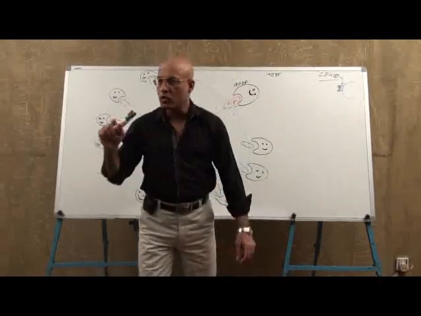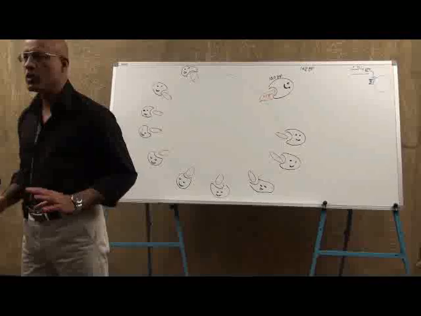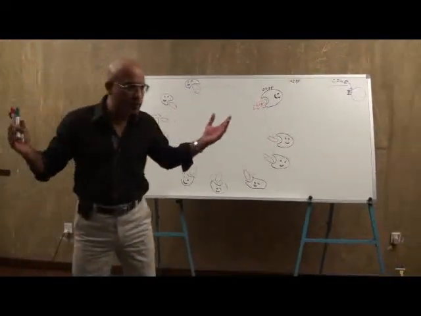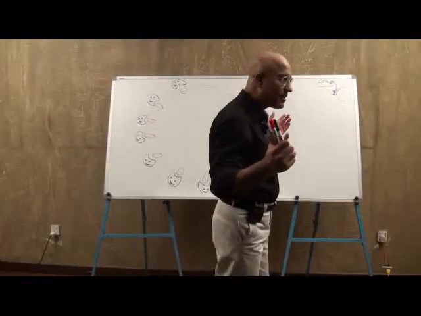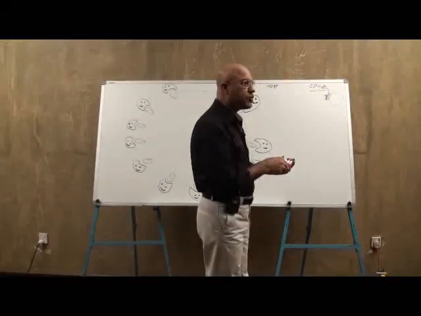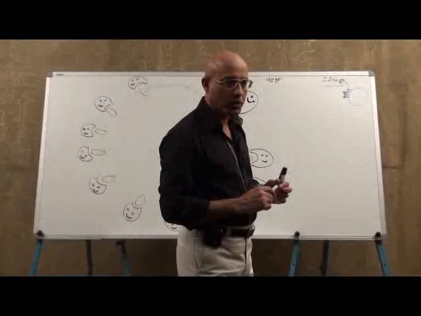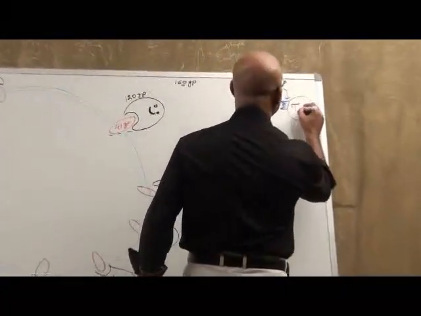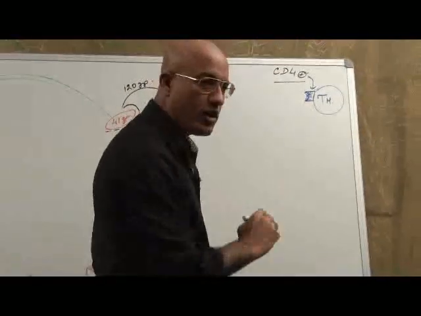So we must know which cells are CD4 positive, because those cells will be the target of this virus. I will tell you one cell which is CD4 positive, that is the T helper cell.